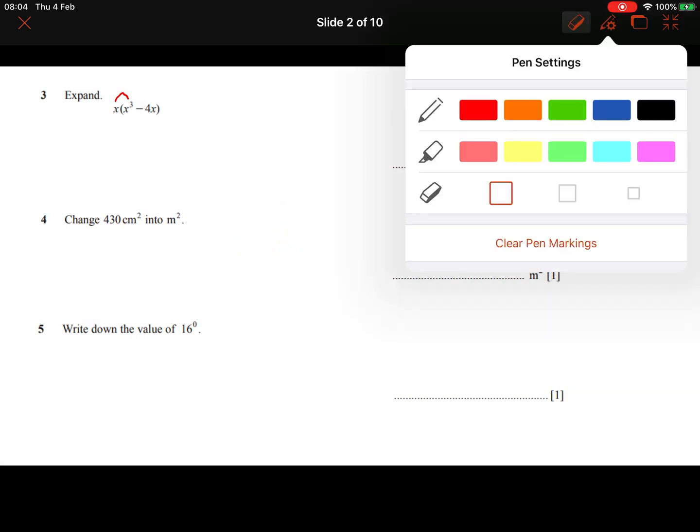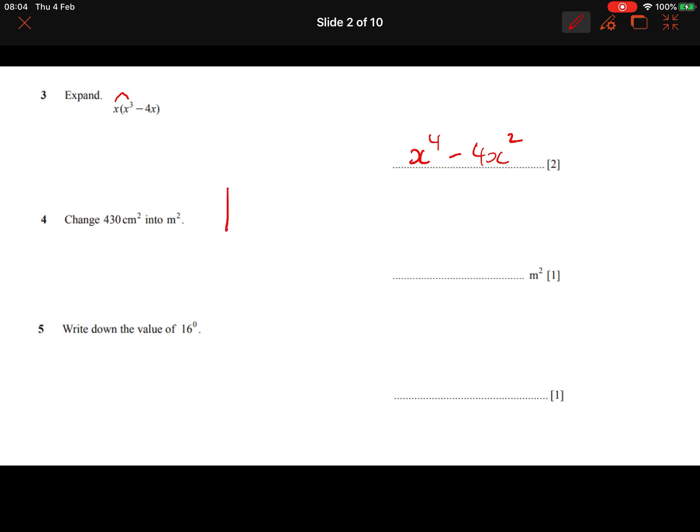Think of it like this. Here is a square, and it's a 1 metre by a 1 metre square. So then the area is 1 square metre. Think of the same square, which is 100 centimetres by 100 centimetres.